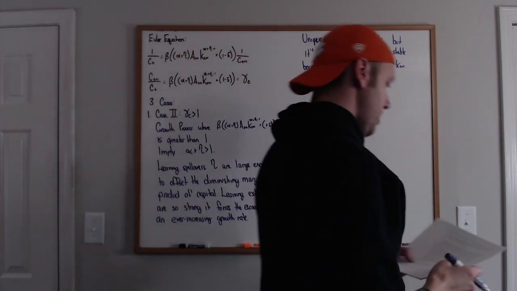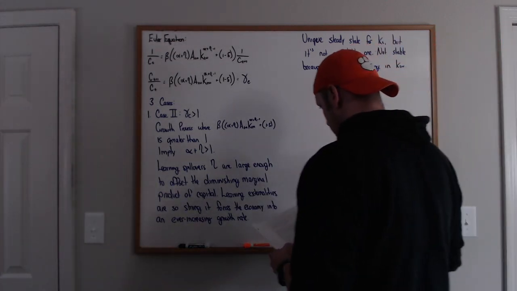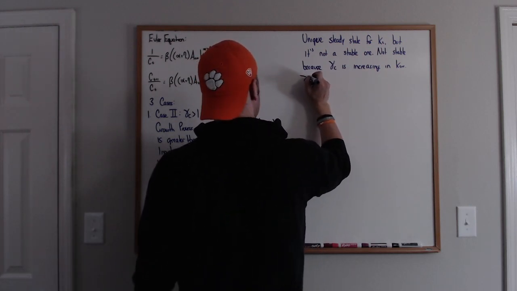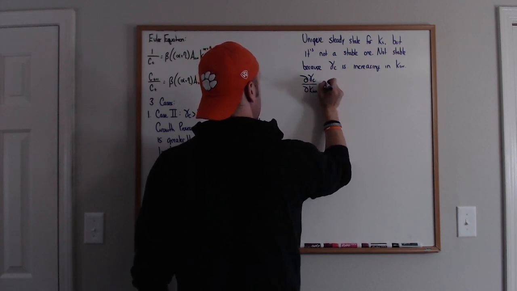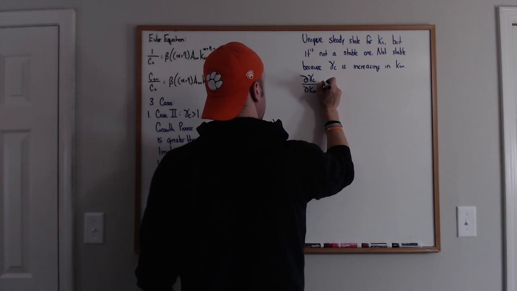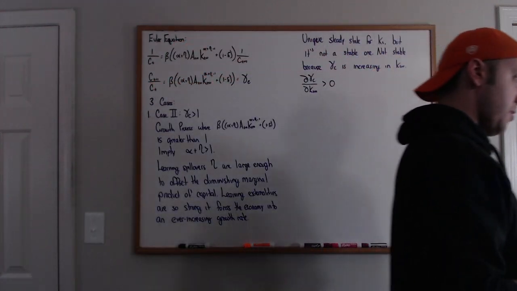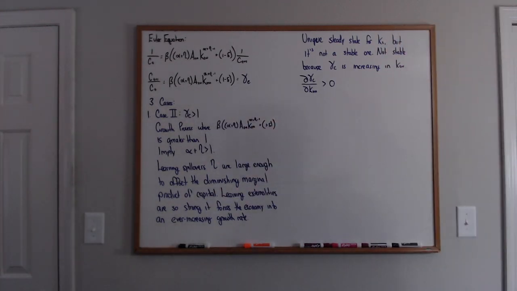Because gamma c is an increasing function of capital. In mathy terms, that means if we took the derivative of this with respect to k sub t plus 1, it would be positive.